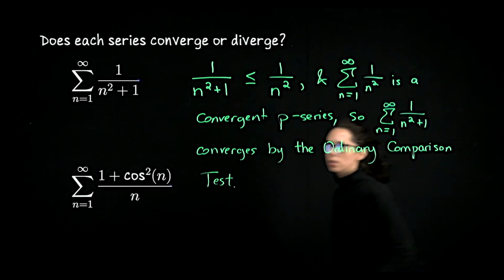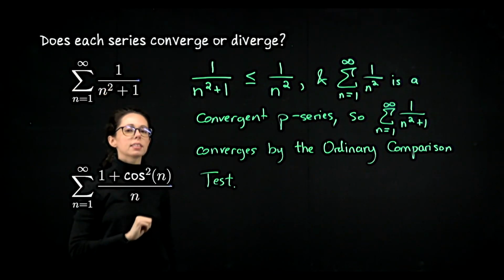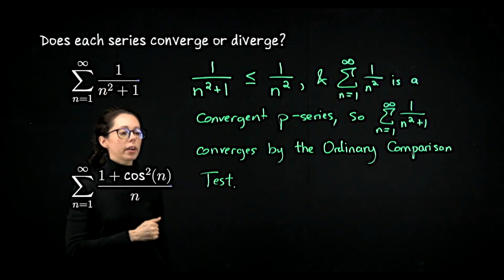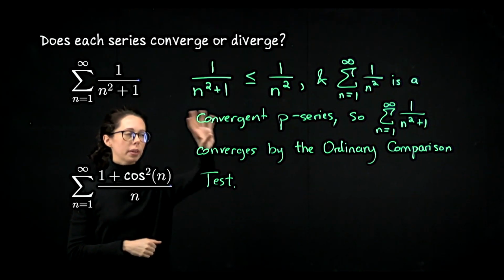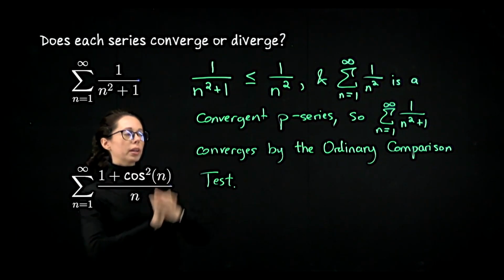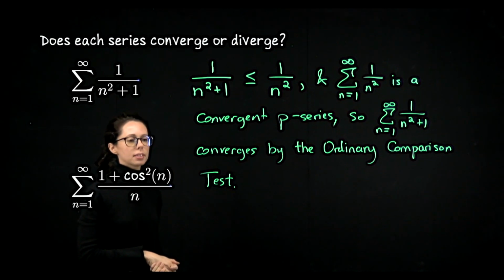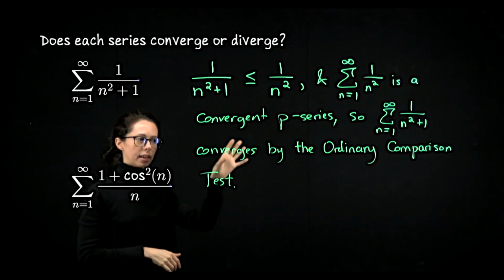Okay, so this would be a full explanation of why we can figure out this series converges using the ordinary comparison test. So what we did was we compared it to a known P series, stated that that converges. So you want to explain why you know that converges, and therefore the series that we started with converges by the ordinary comparison test.